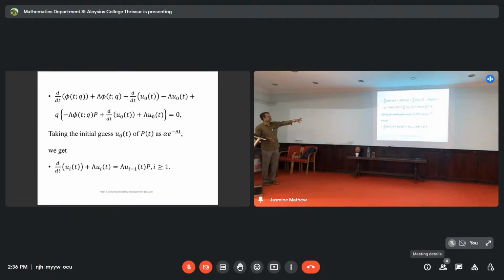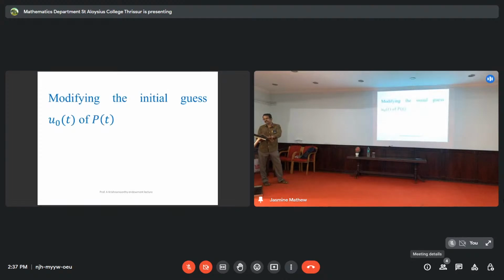Here we guess U0(t) as alpha e raised to minus lambda t. So as time progresses, the relevance of the initial distribution fades out, but then there comes the steady state probability vector. As time progresses, the probability weighting tends to the steady state. So why not bring the steady state also into the picture?